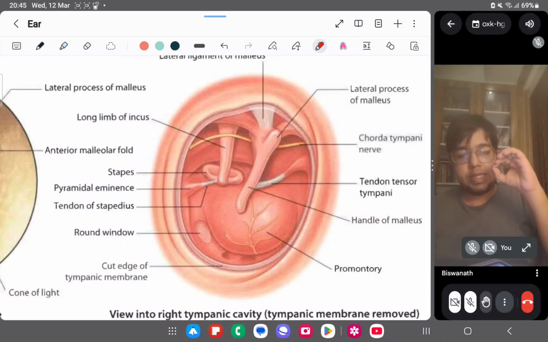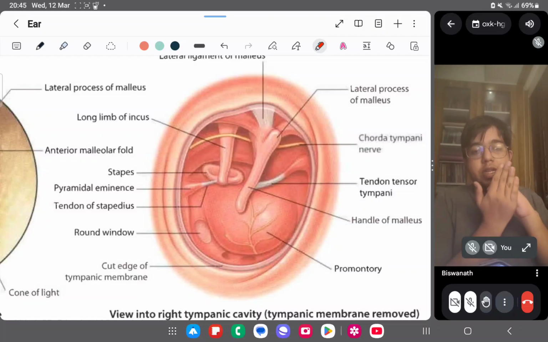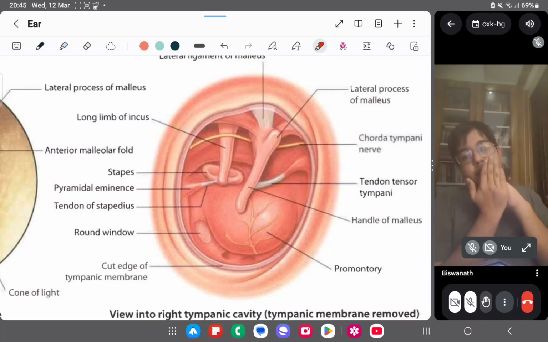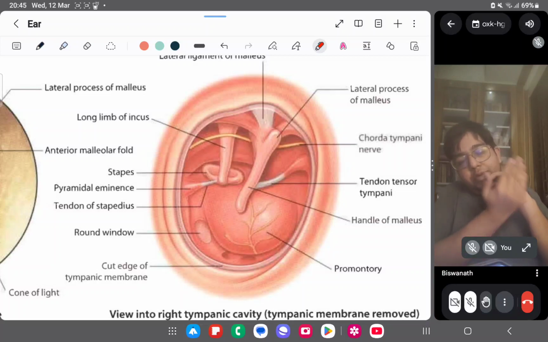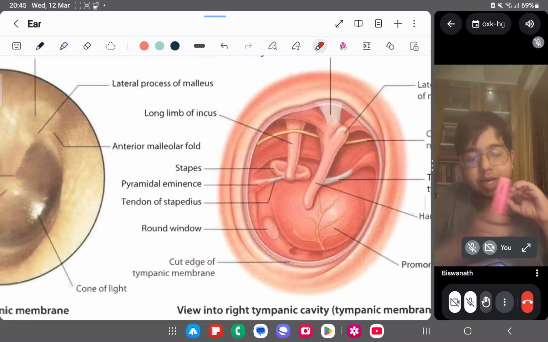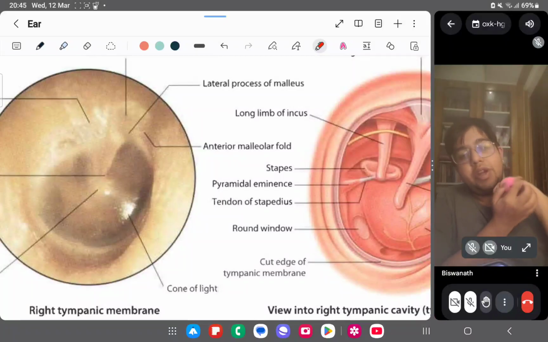Here you are at the tympanic membrane. Let's assume this hand is the tympanic membrane. Here is the middle ear opening. Tympanic membrane is covering it, right? You removed the tympanic membrane. Then you had the bone. Which bone is there? Malleus, because the shadow of malleus was visible, right? So after removing the tympanic membrane, only you can see the malleus.